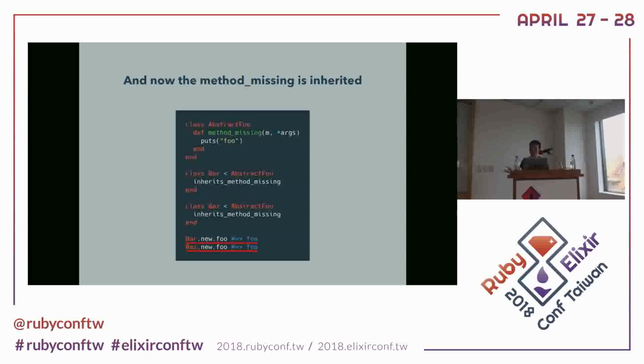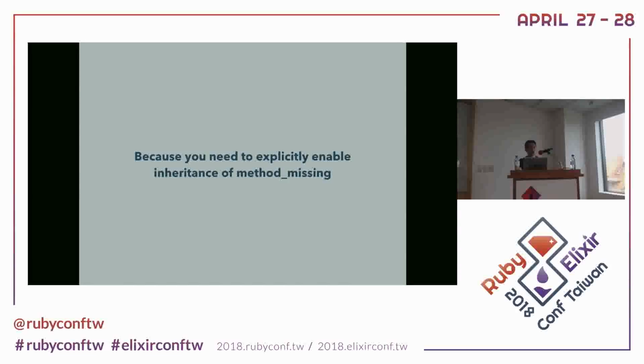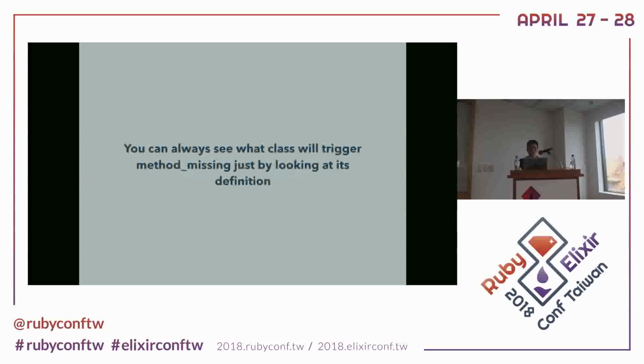And now the method missing behavior is inherited. Because you need to explicitly enable inheritance of method missing, you can always know which class will trigger method missing just by looking at its definition.